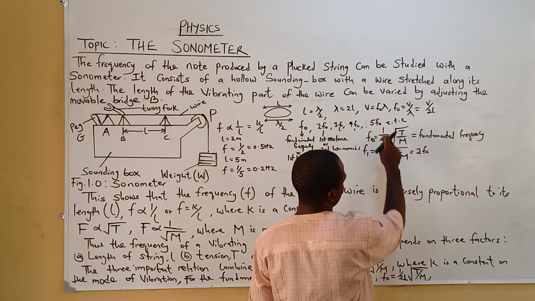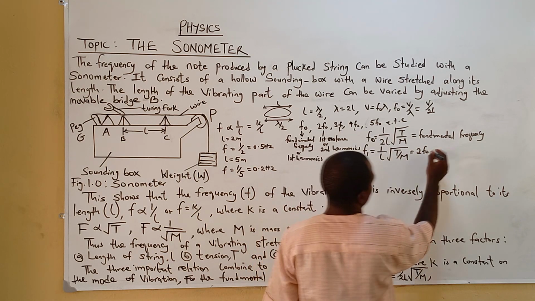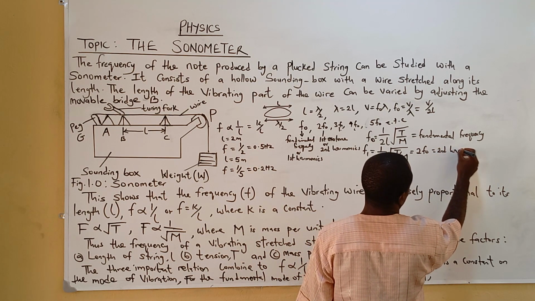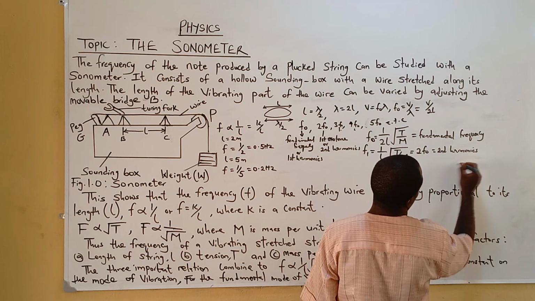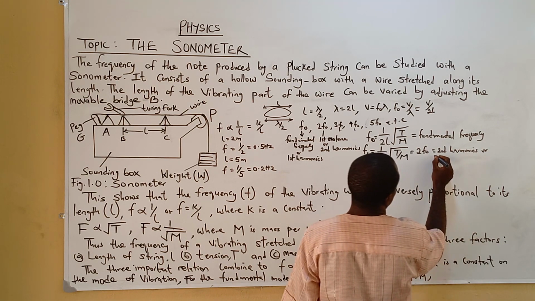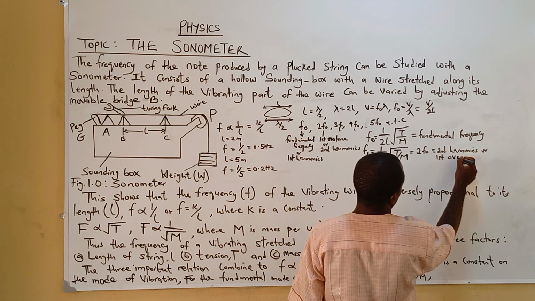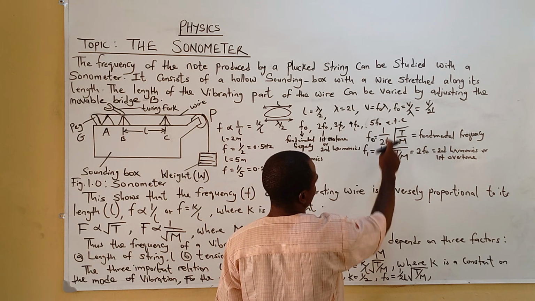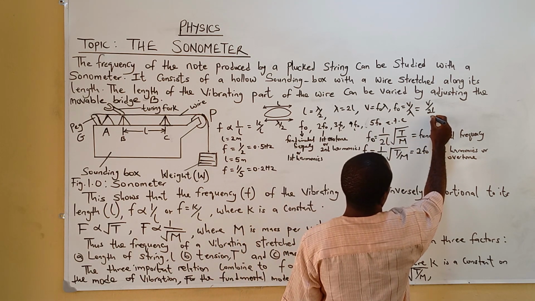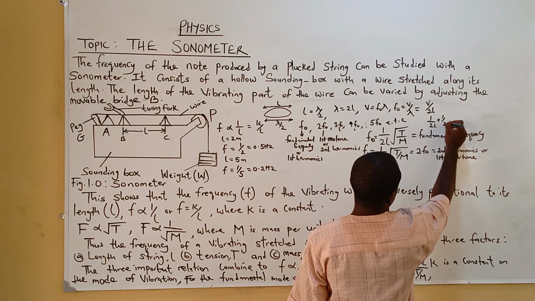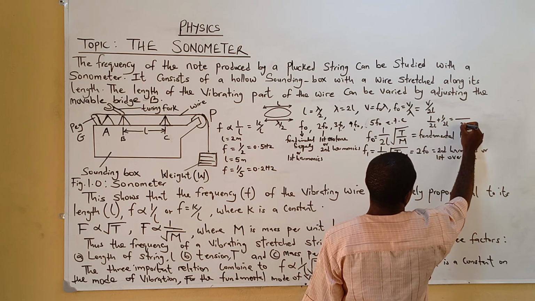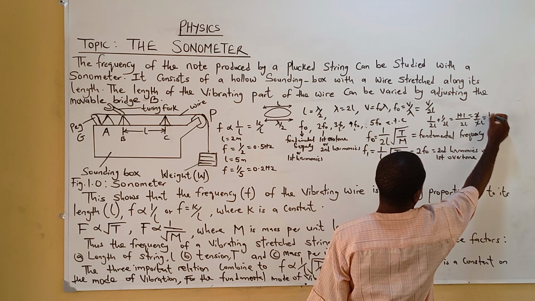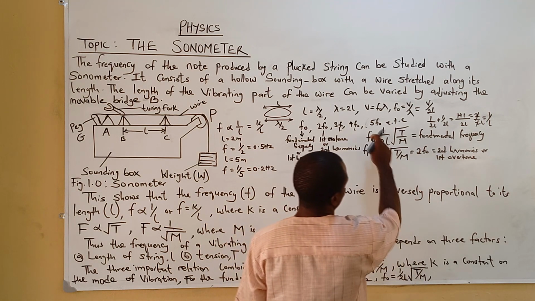It combines two of these together to give us this. This is equal to the second harmonic or first overtone. How do we get it? When you add 1 over 2L plus 1 over 2L, the LCM is 2L, 1 plus 1 is 2 over 2L, 2 cancels 2, which is 1 over L. That's the 2f naught combination.